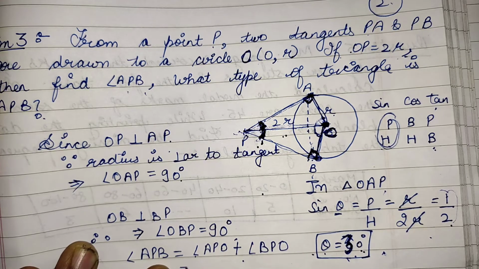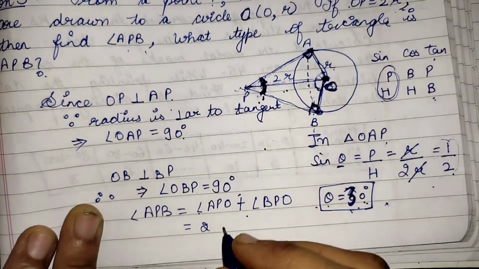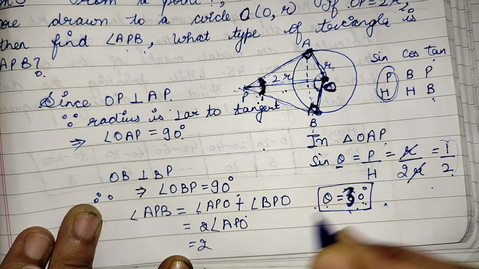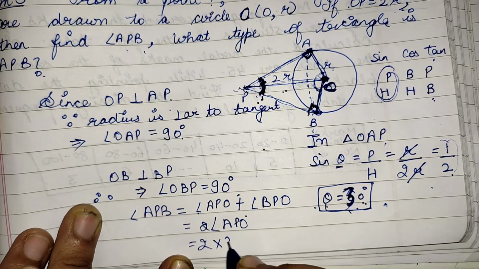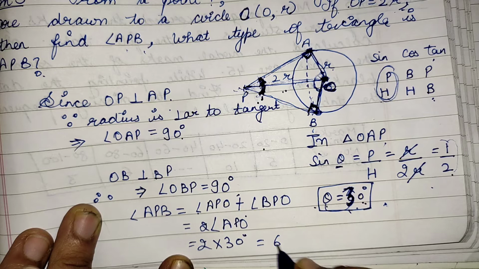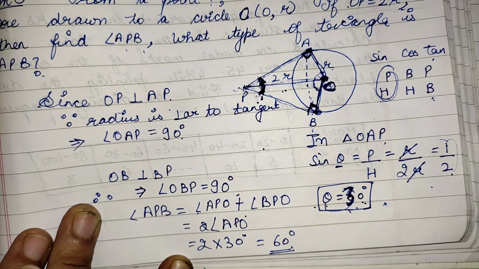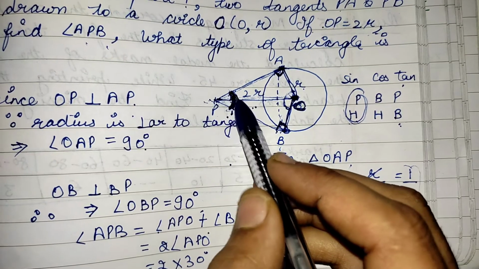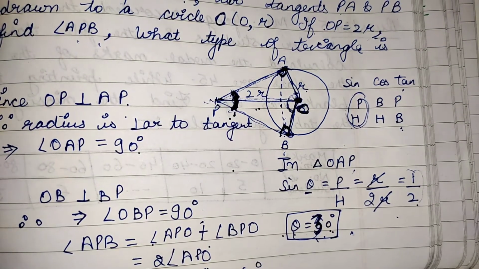And both the angles are equal to each other, so it will become 2 times angle APO, and this angle we have found is 30 degrees. So this complete angle will be equal to 60 degrees.